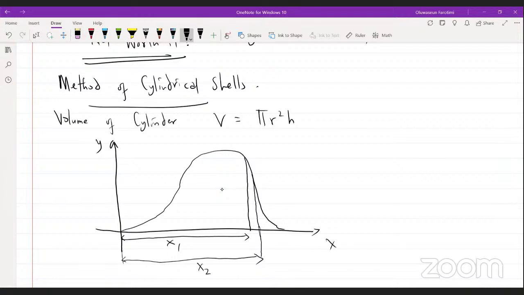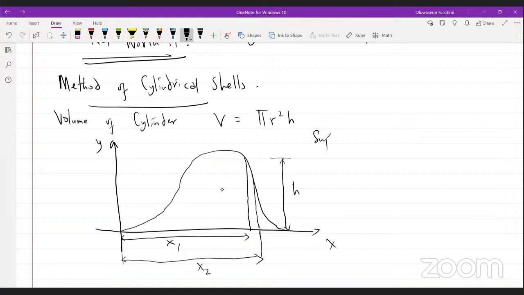Now let's assume that the height, let's call this h, which represents the height. Now what are we doing, guys? We are getting a slice that is parallel to the axis of rotation. Here you are assuming that we rotate this region about the y-axis.